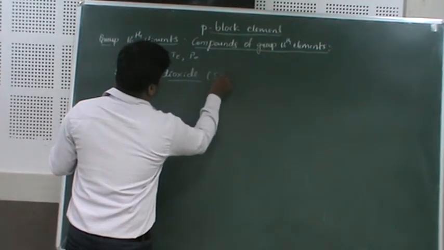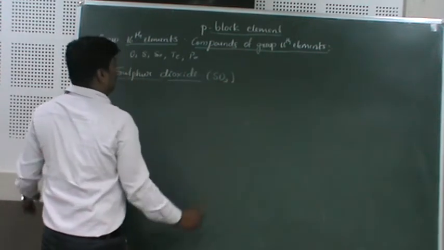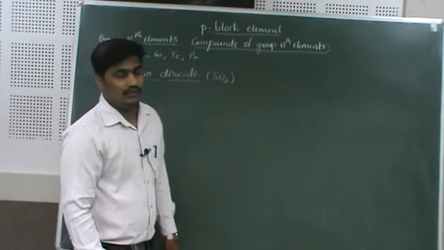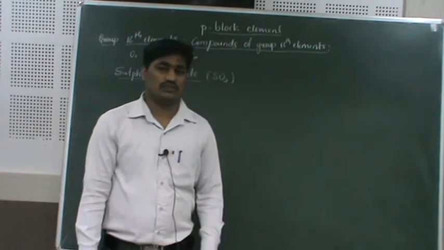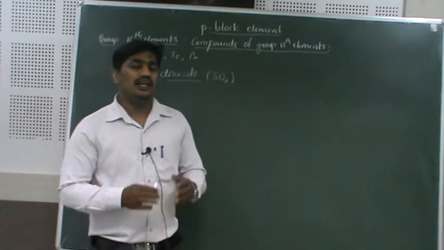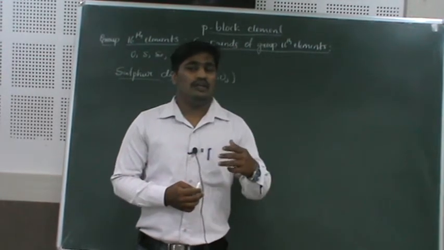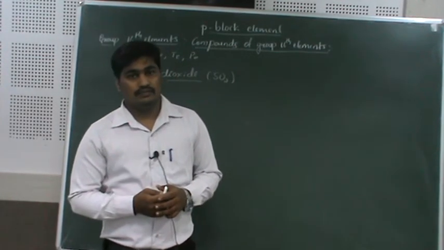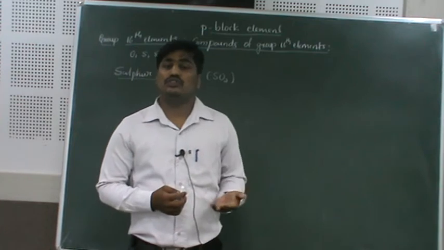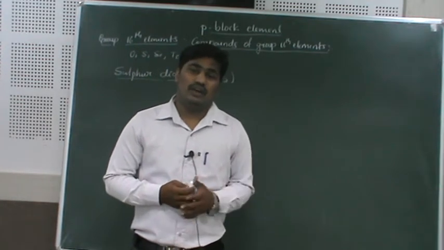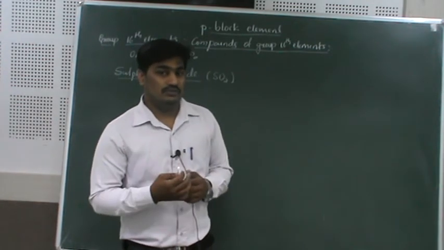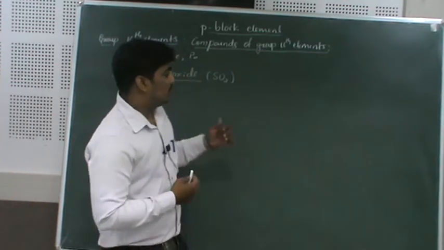Sulphur dioxide is represented as SO2. Now, what are the methods of preparation of sulphur dioxide, what are the important properties, what are the uses of sulphur dioxide, and what are the other compounds from sulphur dioxide?